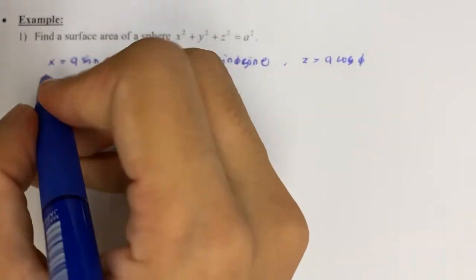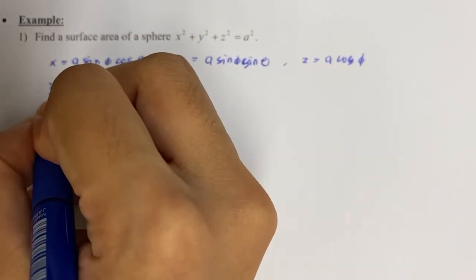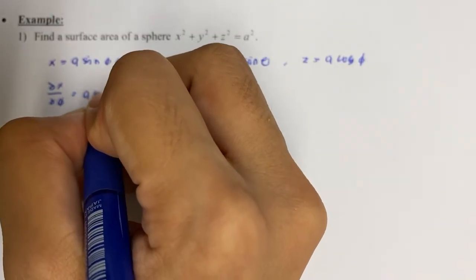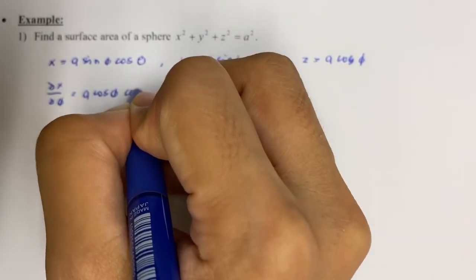Okay, so find what is del x over del psi. Del x over del psi is a cos psi cos theta.